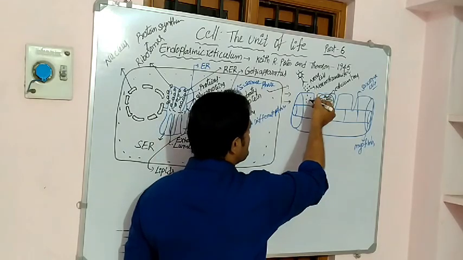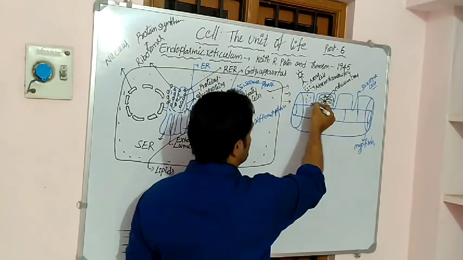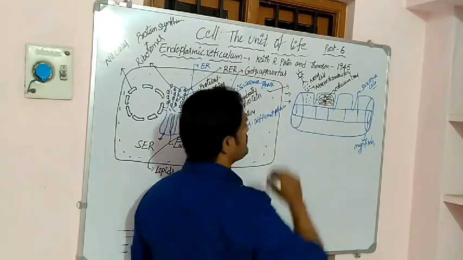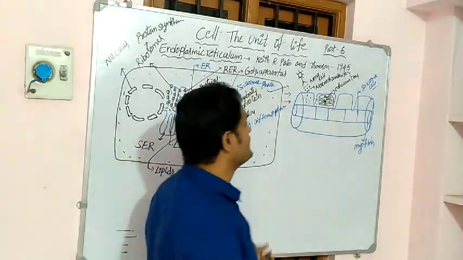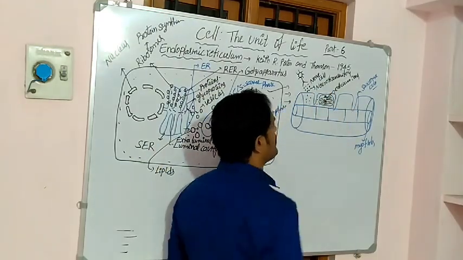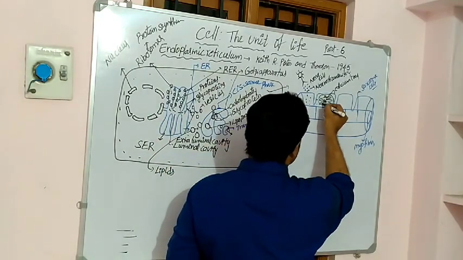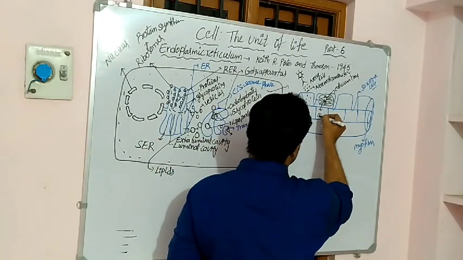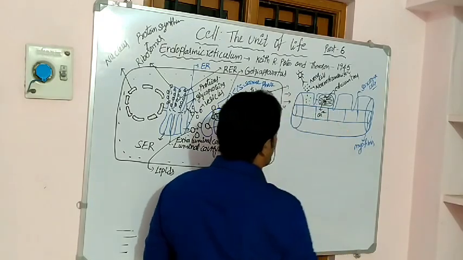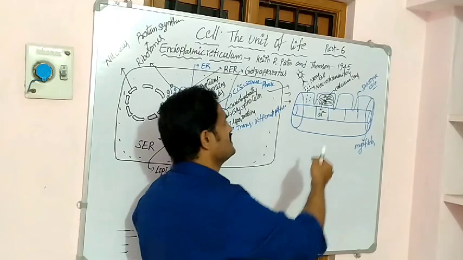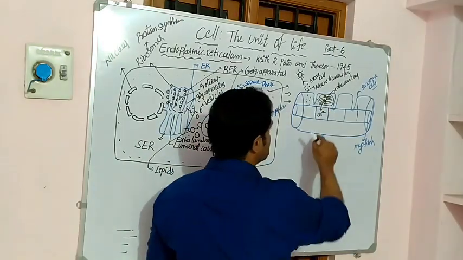Once the signal, the neurotransmitters, enters the inside of the muscle cell, immediately the smooth endoplasmic reticulum releases the calcium ions into the muscle cells.